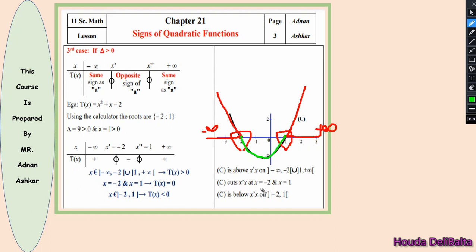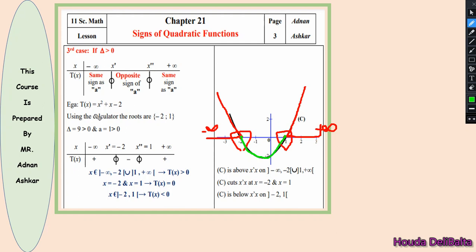C cuts x prime x at the roots, which are minus 2 and 1. So when x equals minus 2 and x equals 1, C cuts the x-axis and is not tangent, it just cuts the x-axis. Finally, C is below x prime x on the interval minus 2 and 1, open on all intervals. Okay? Now let's go back to delta, to a, and to discover the rule.